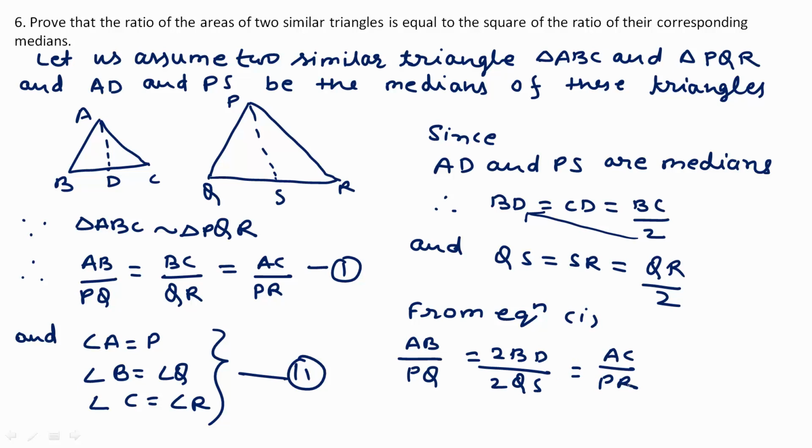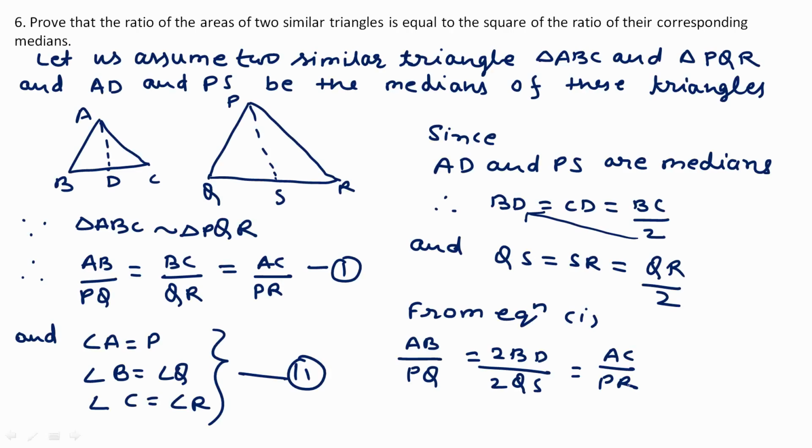On solving, 2 and 2 cancel out. So this equation converts into AB upon PQ is equal to BD upon QS is equal to AC upon PR. This is your number third.